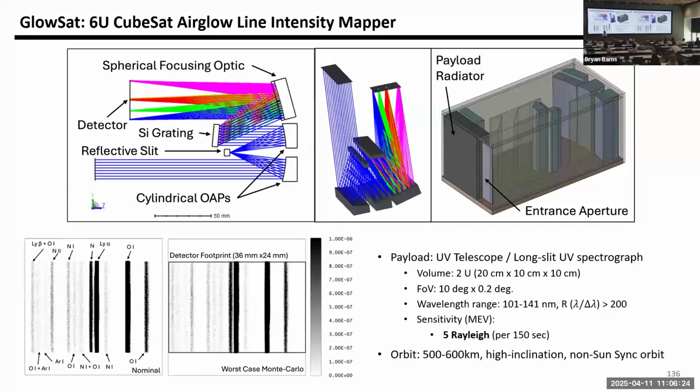And this is my favorite part. These are the simulated images of the airglow lines on the detector plane. We designed this mission with the mind that it's going to be enabled by the students. And the optical design has been made to be really tolerant to misalignment.